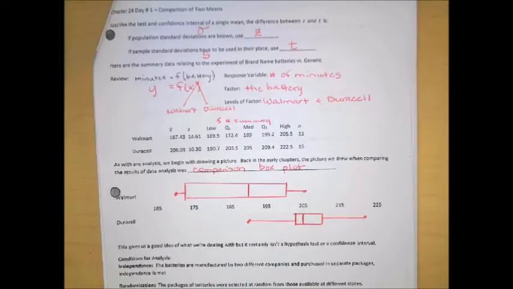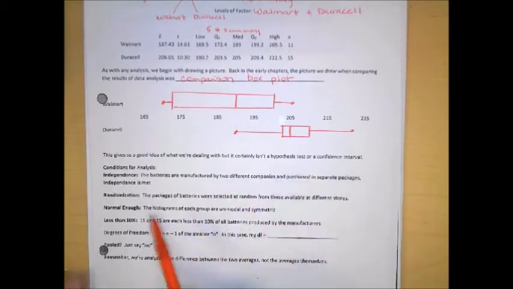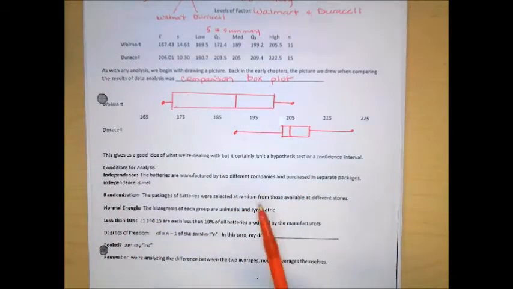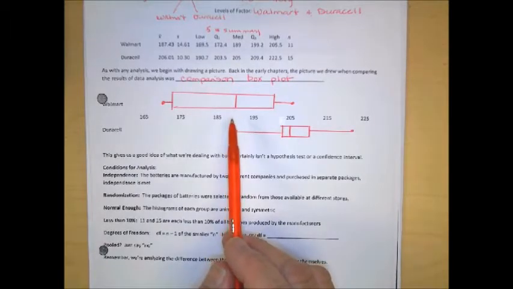Now, we do have conditions that we always have to meet. You already know them. The independence condition, the randomization condition, and the normal enough condition. Usually, so far we've looked at histograms, but we didn't have the raw data to make the histogram. So what we're going to look at is the box and whisker plot. The box and whisker plot doesn't tell us the height, so we can't see a bell shape, but we can see approximate symmetry.